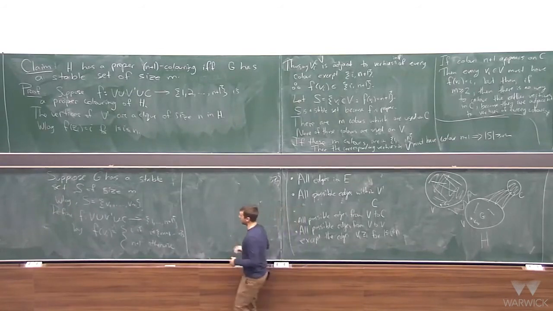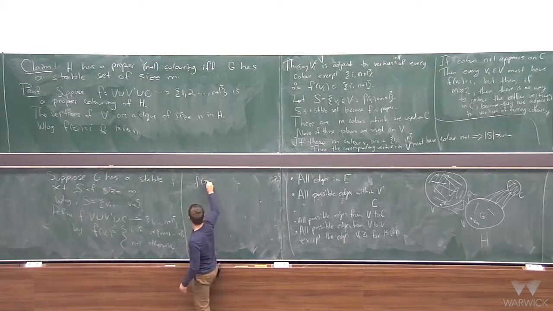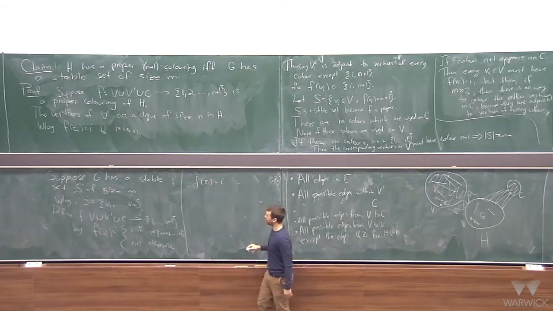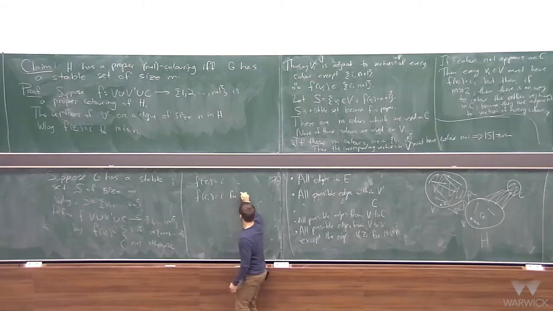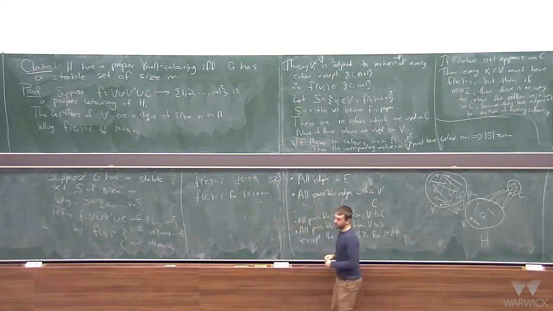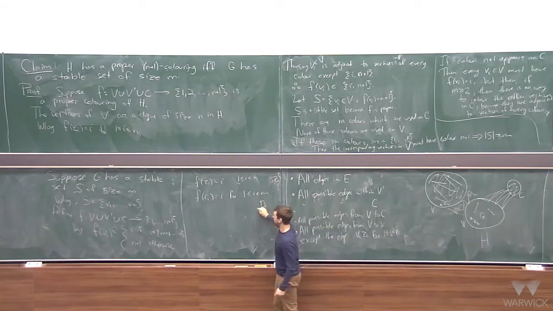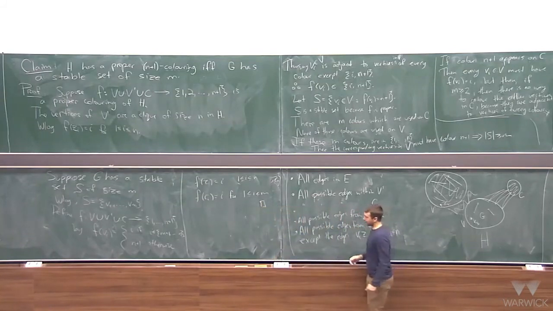Now f of Zi, we just set it equal to i for all Zi in V prime, and f of Ci, we also let this be equal to i. And you can check that this is a proper coloring, and it uses n plus 1 colors, and that completes that proof.